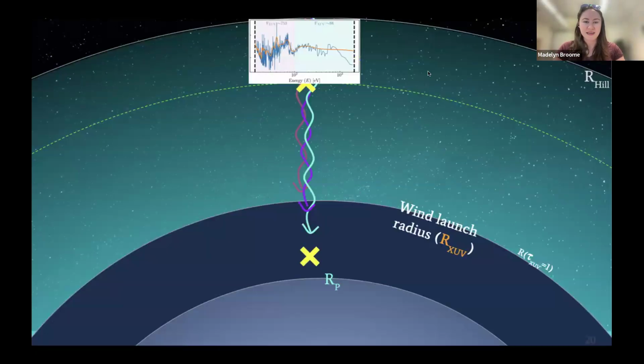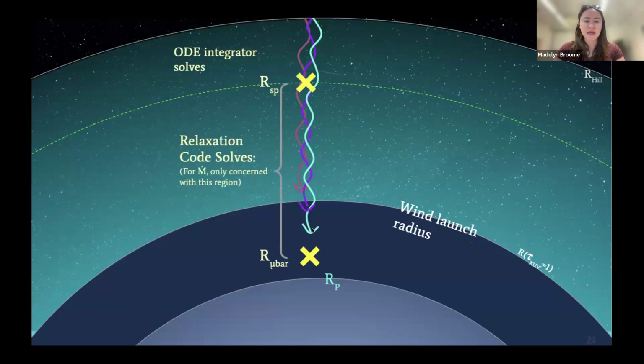So once again, in pictures, if we have a stellar spectrum, such as the one here, which is smoothed, coming into our atmosphere, we trace where those photons of different energies are absorbed. And specifically, we calculate with our relaxation model everything below some lower boundary condition here, which we set to be about microbars.